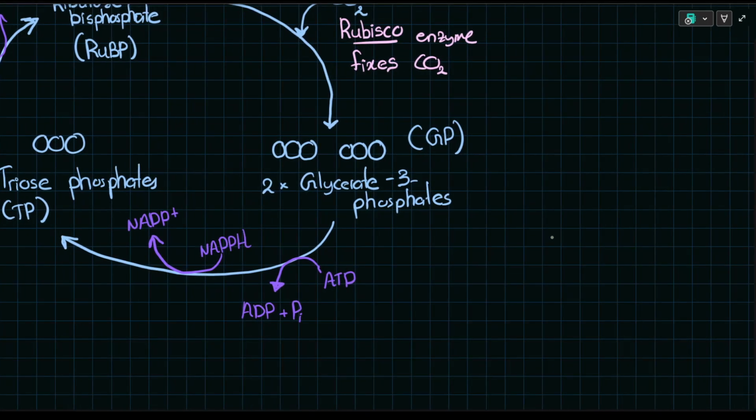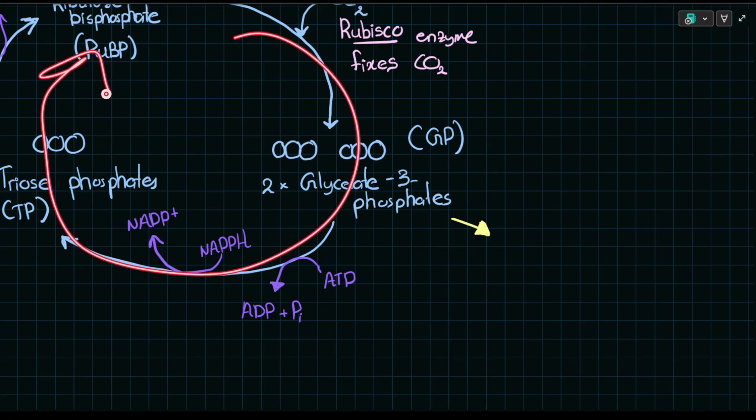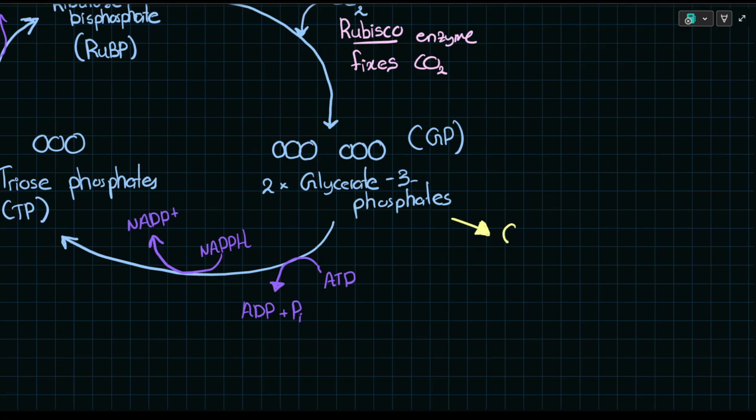When it comes to this glycerate 3-phosphate, this is the most usable intermediate in this particular pathway. This glycerate phosphate is converted into carbohydrates like starch, cellulose, and even sucrose.